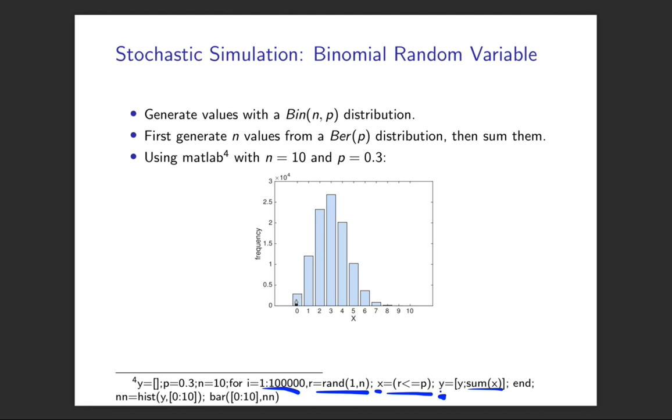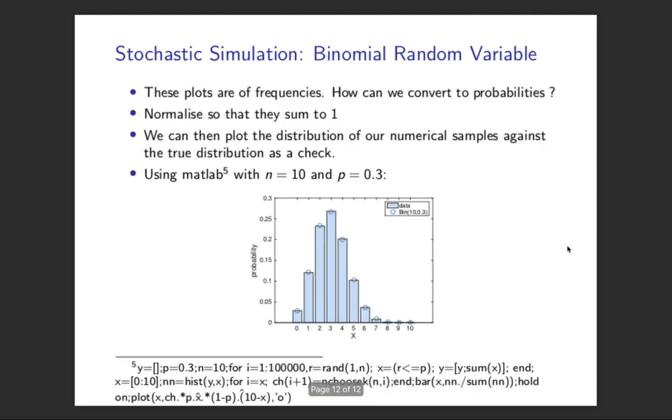You can see the most likely value is 3, and then it decreases as we go either side. If we use our formula and plot it on top, those circles, it's bang on. So once we have a Bernoulli random variable, we can get binomial random variables.